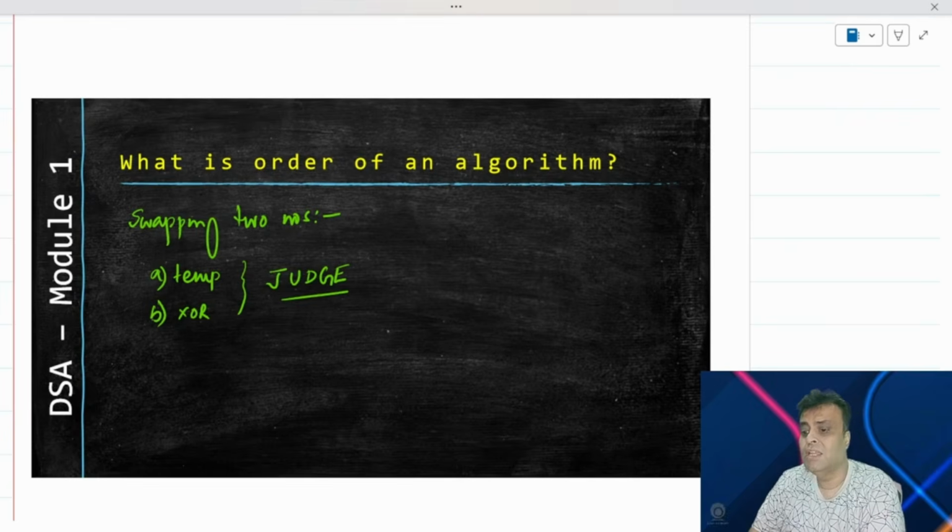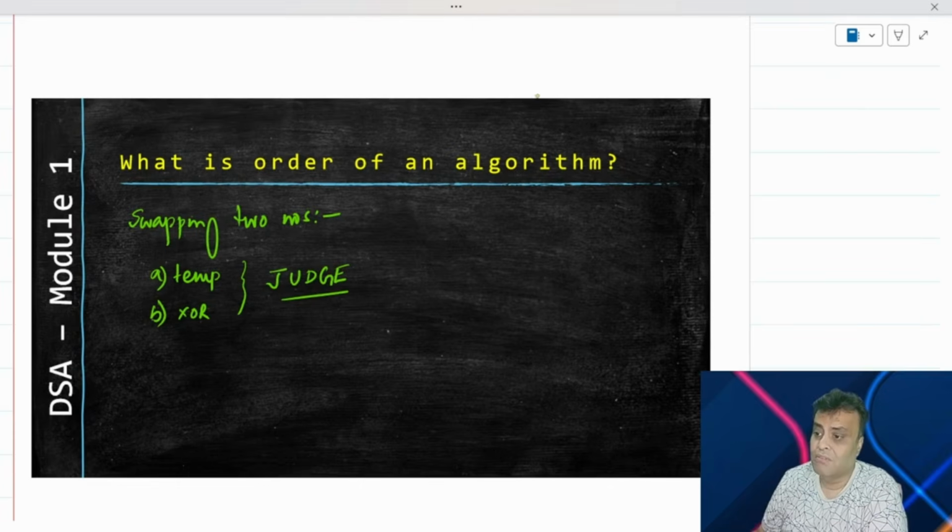By understanding the time taken by these two algorithms of swapping two numbers, we can make out which algorithm is better in terms of the execution time, or which algorithm is better in terms of taking less amount of space as far as memory is concerned. Both of these are important for judging an algorithm.